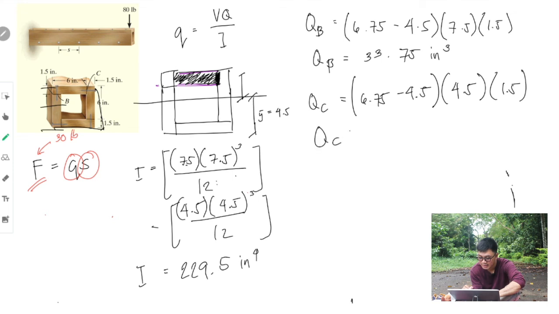And your QC is equal to 20.25 inches cube. Okay?